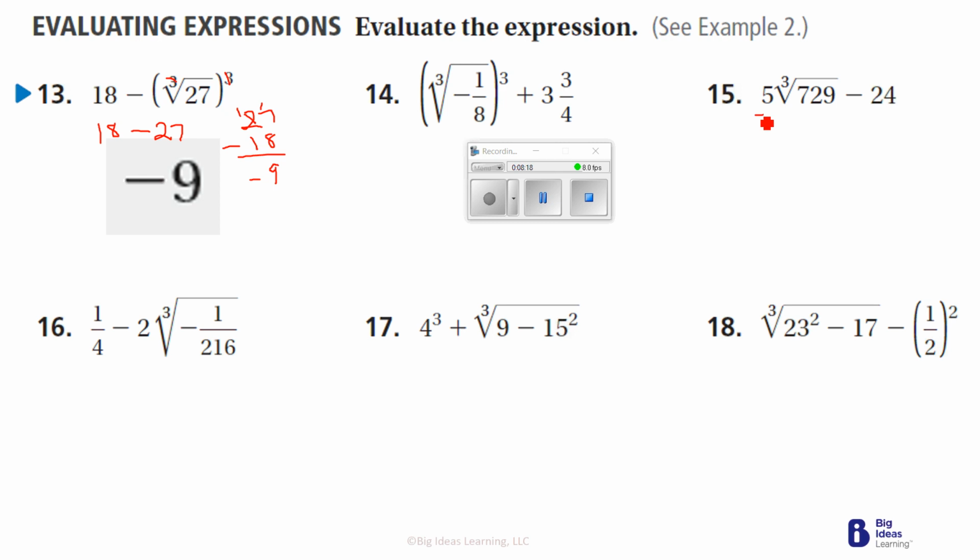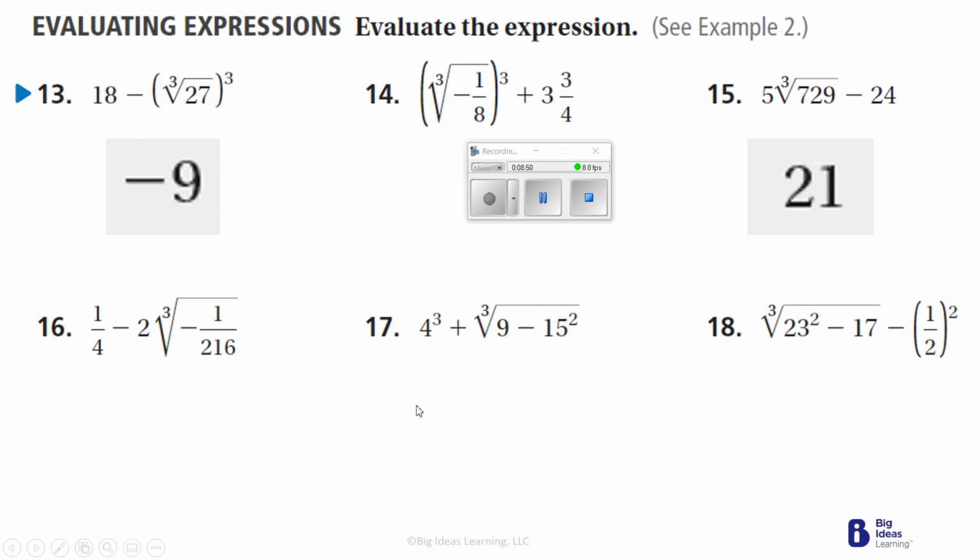This is really going to be 5 times 9 minus 24. 5 times 9 is 45. 45 minus 24, that's going to give us a 1 and a 2. So we should have got a positive 21 out of this. Let's see if we are correct. 21. There we go.